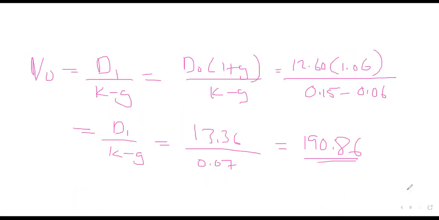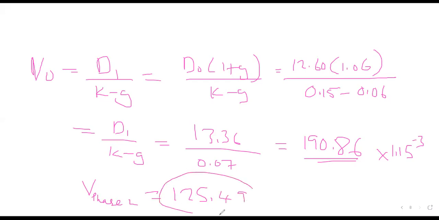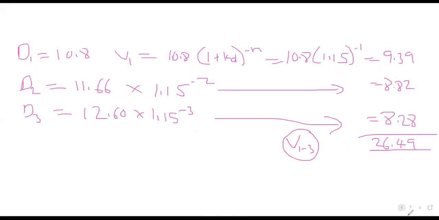So this now makes us multiply this one by 1.15 to the power -3. So meaning the value of stock for phase 2 will be 125.49.